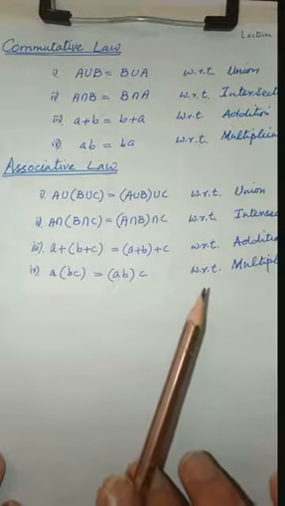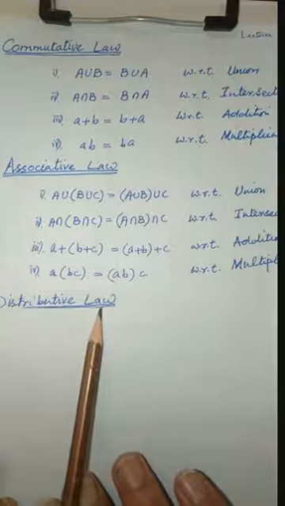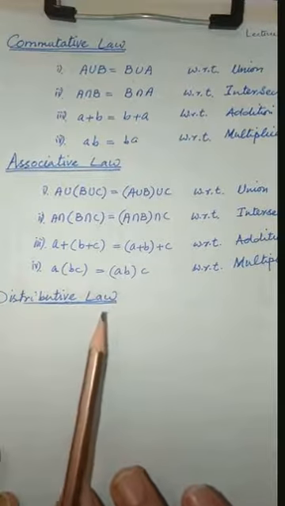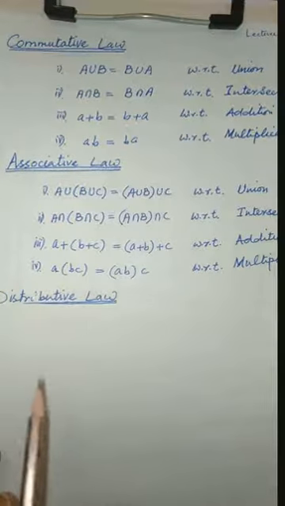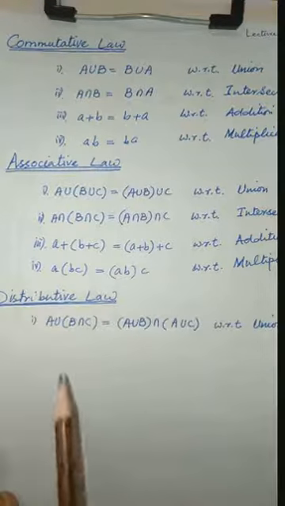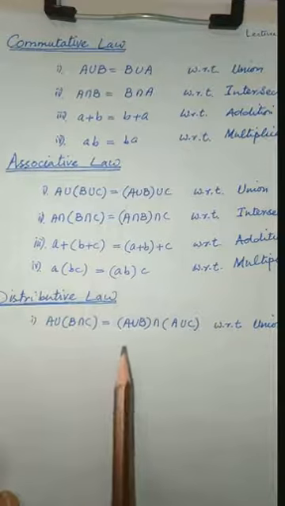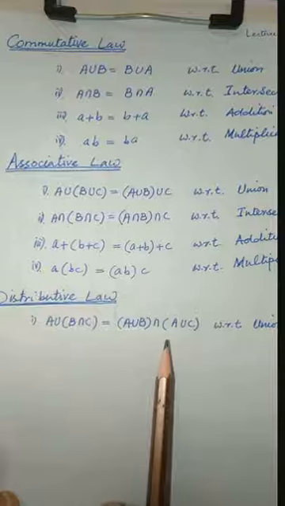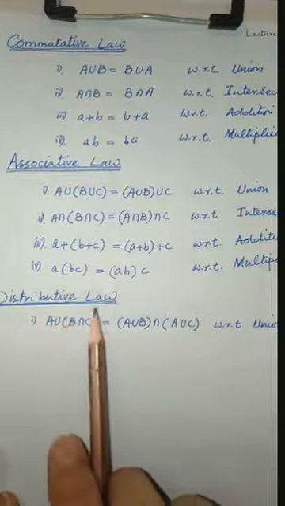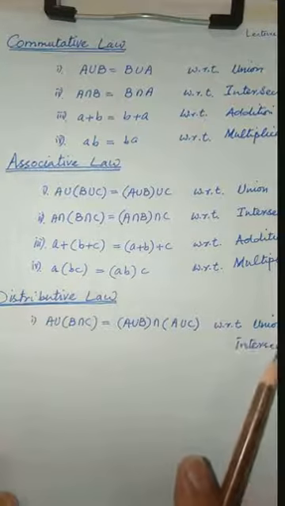Now moving to another law, which is called the distributive law. For the distributive law we have three sets or three numbers and two operations or two symbols are used, like this. A union (B intersection C) is equal to (A union B) intersection (A union C). This is called the distributive law with respect to union over intersection.